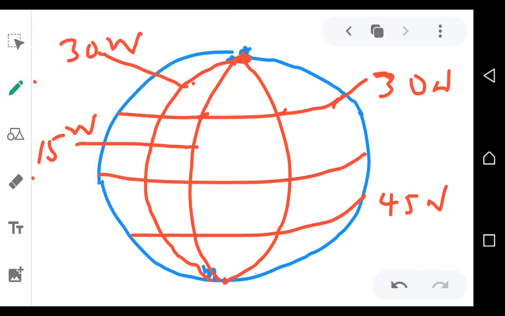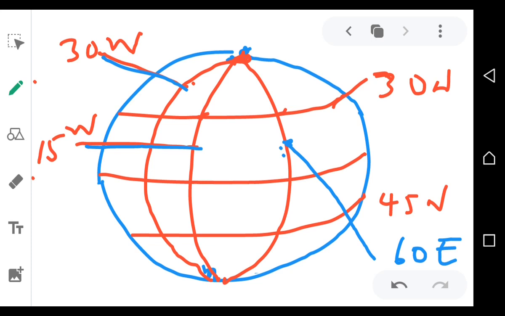So this one is 15 degrees west. This one is 30 degrees west. And then this one is the 60 degrees east.